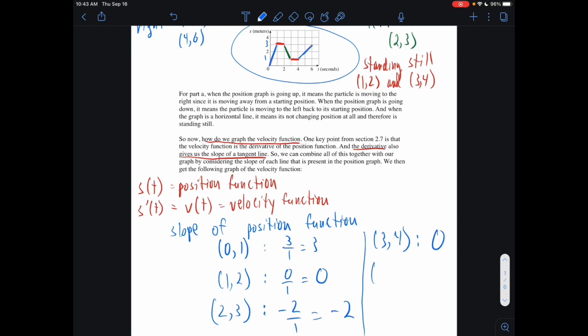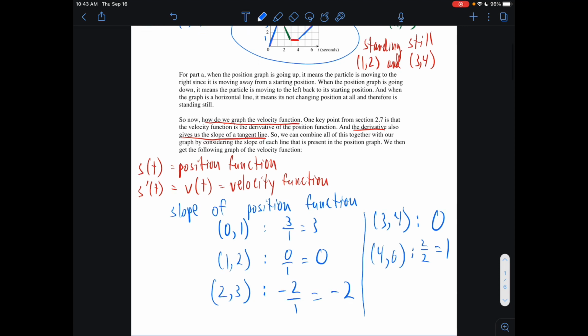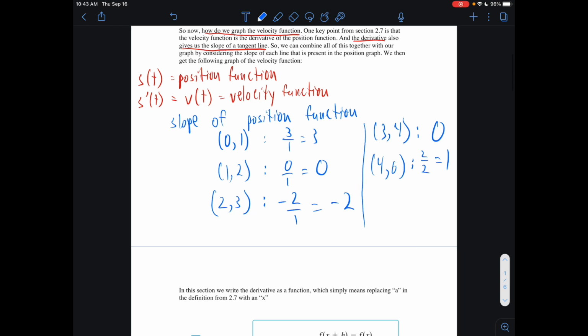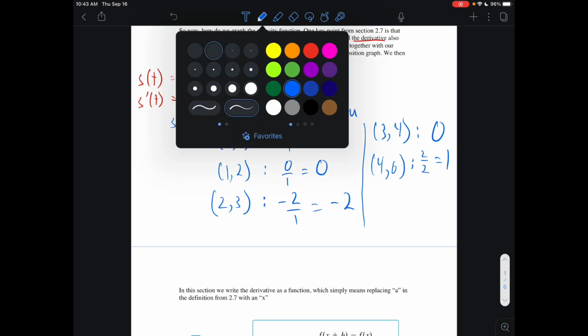And then finally from 4 seconds to 6 seconds, it goes up 2 units, but then also over to the right 2 units. So 2 divided by 2 is 1. And so what we just got here is, over certain intervals, the value of the velocity function. This gives us another piecewise defined function.